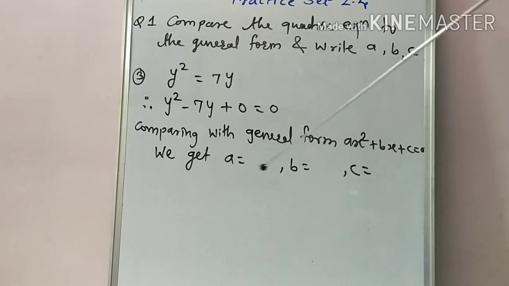So here we write down the values of a, b and c. Even though the equation is in the y variable, you can write the general form in the x variable also. No problem. Or you can write in y also, ay square plus by plus c equal to 0. So write the values of a, b, c.